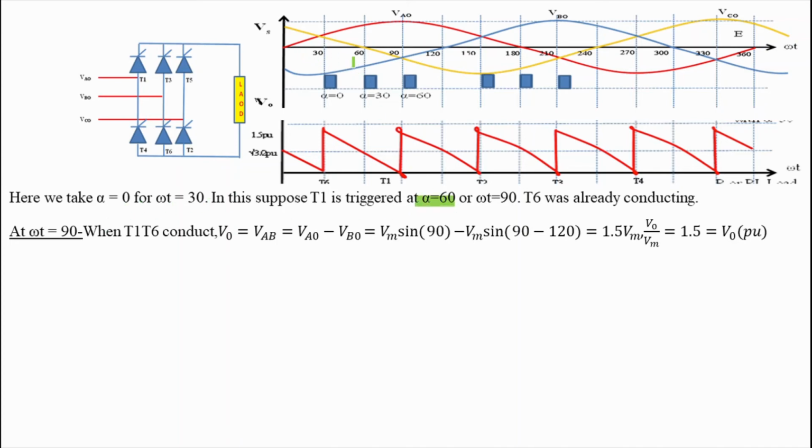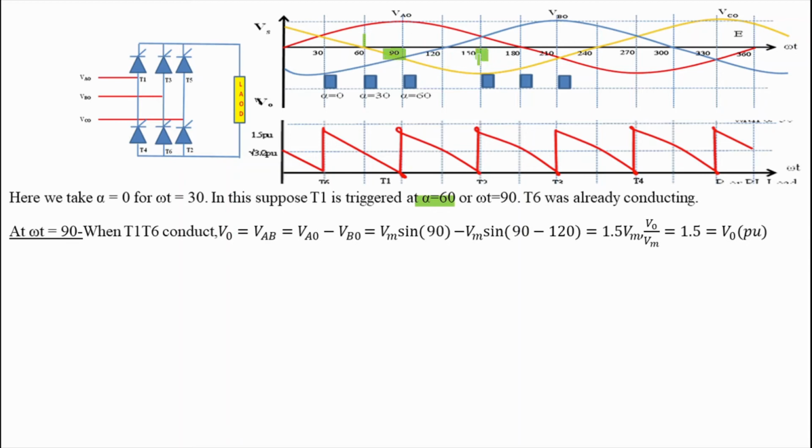So here we will trigger the first thyristor at omega t is equal to 90 degree, that is omega t is equal to 0 plus 90, that is 90, and we will trigger the next thyristor after zero crossing, that is zero crossing of this yellow waveform is at omega t is equal to 60 degree. So we will trigger the next thyristor T2 after 90 degree from this 60 degree, that is 150 degree.